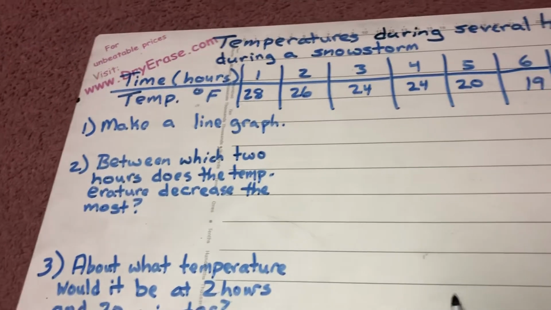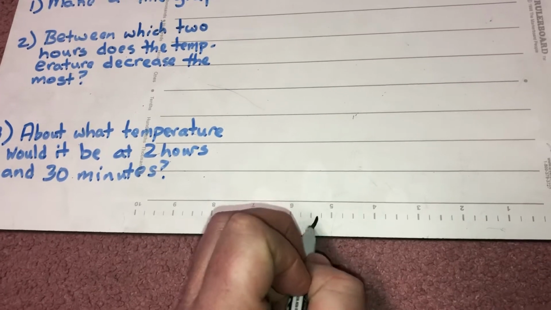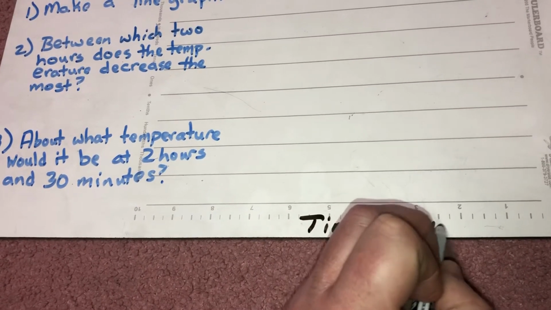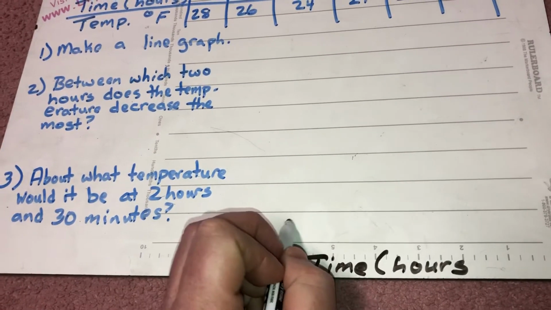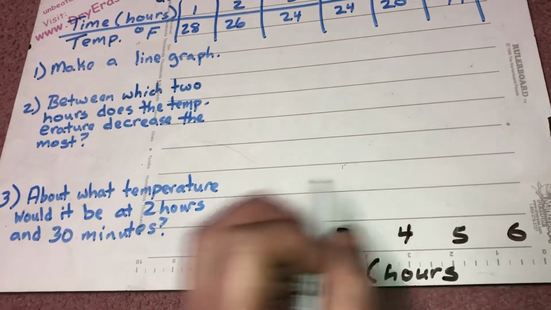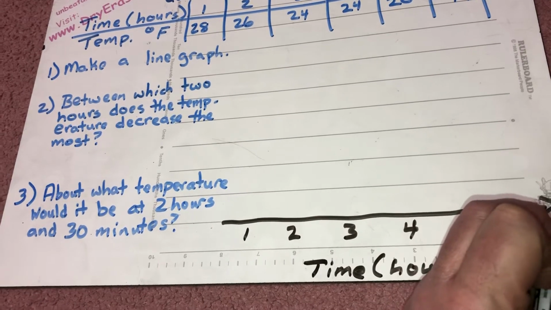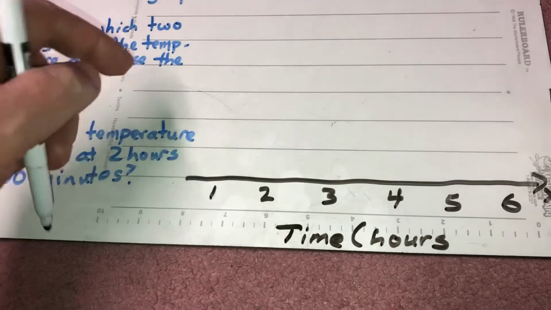First of all, I want to make a line graph. So once again, time in hours. All right, so we're going to put time in hours, and we're going to go ahead with 1, 2, 3, 4, 5, 6. We're going to go ahead here with our arrow to show our x-axis.